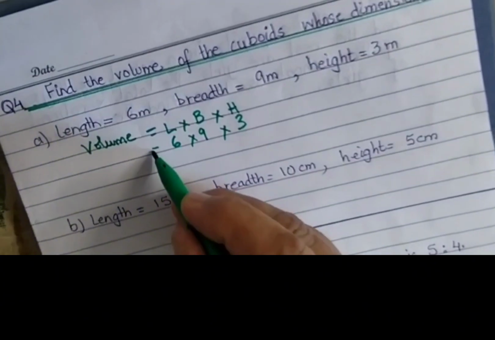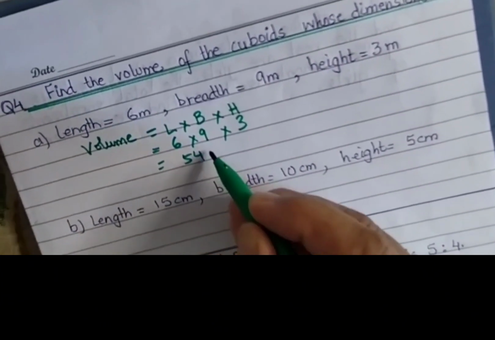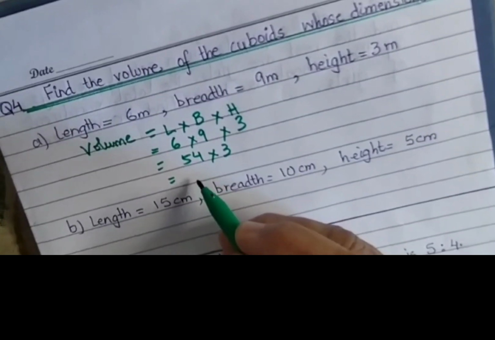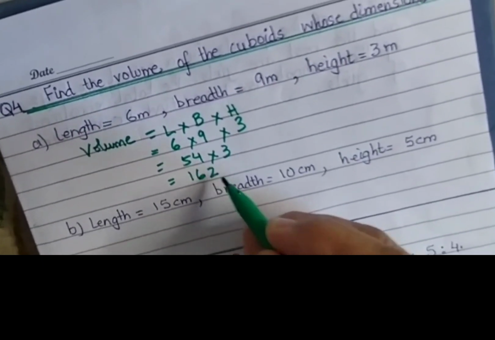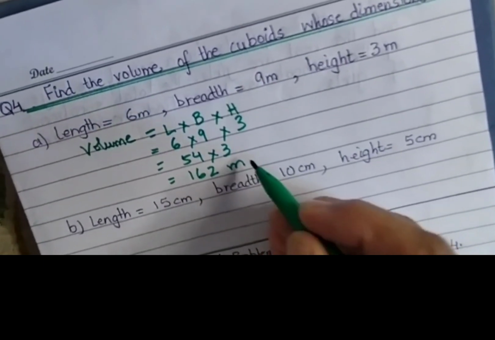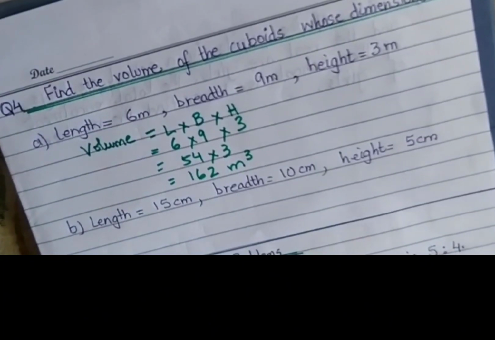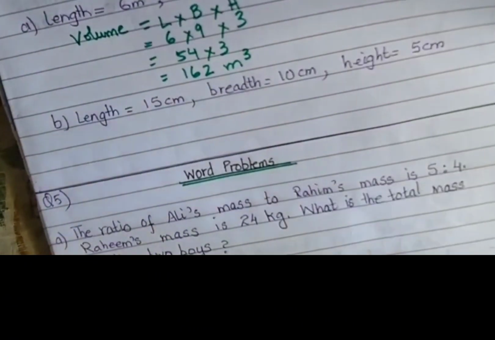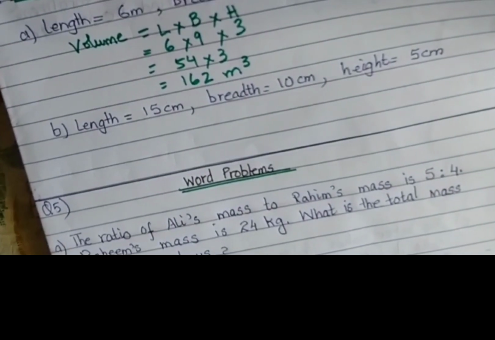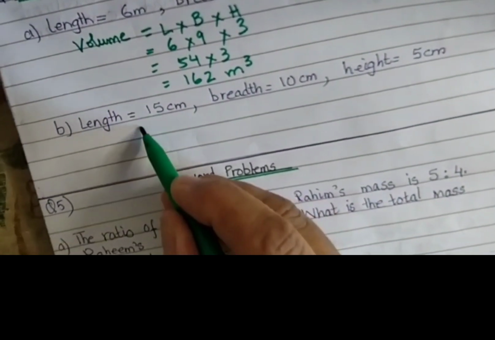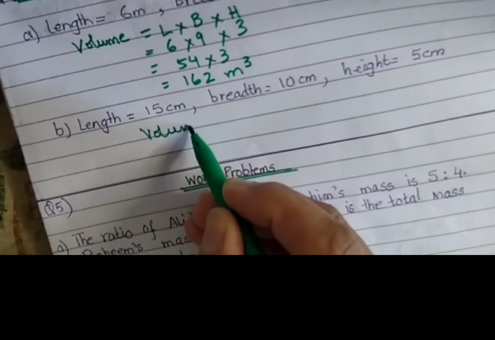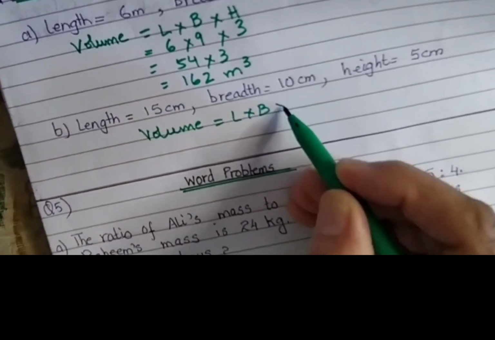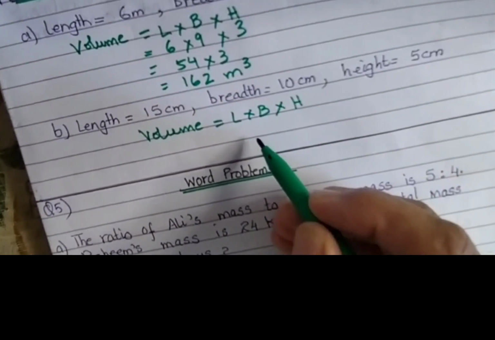6 9s are 54 and 54 3s are 162 meters cube is your answer. Now let's move ahead with the second question here. Again, we're going to write down volume is equal to length multiplied by breadth multiplied by height.